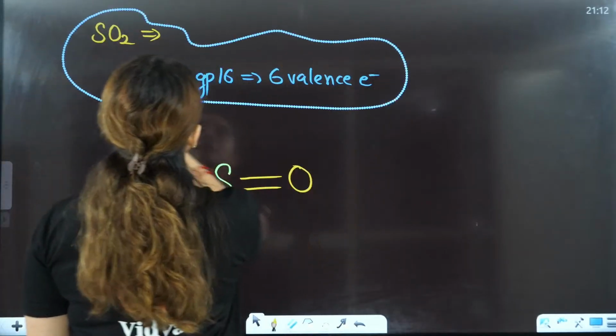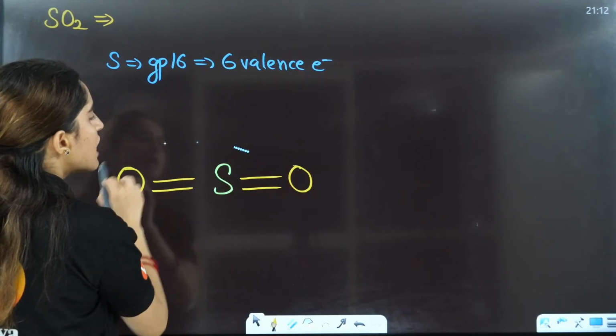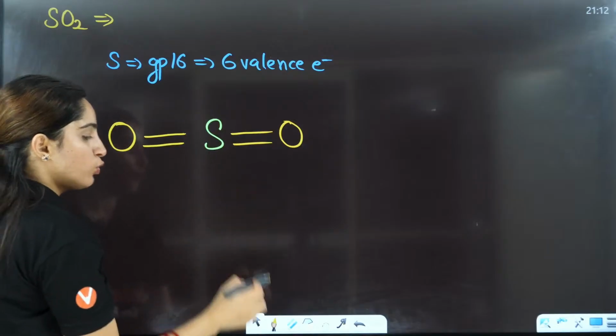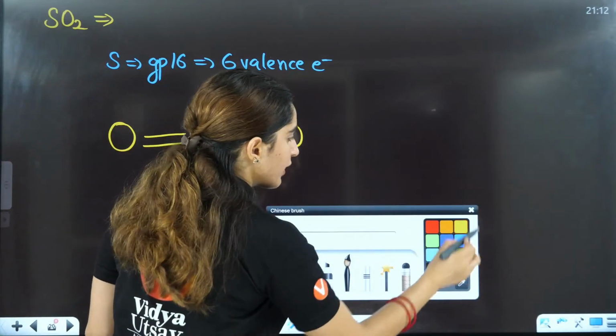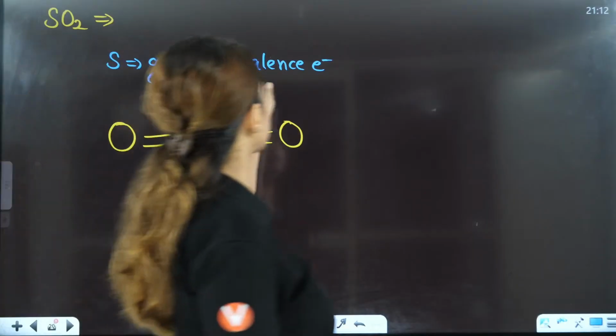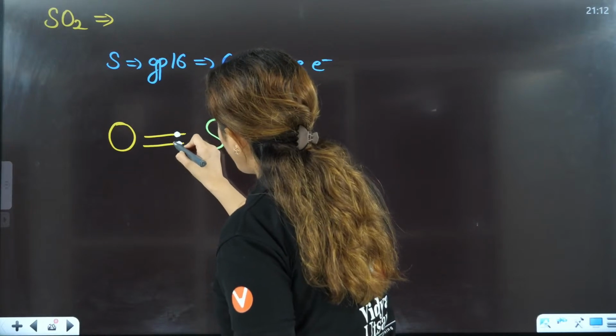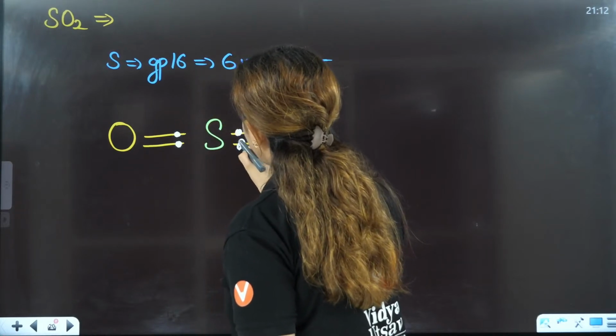Okay. Now, if I talk about this thing that sulfur should have multiple bonds, now let's see how do we find the lone pairs here. Okay, how do we find the lone pairs here? Sulfur, how many valence electrons it has? 6 valence electrons. 1, 2, 3 and 4.